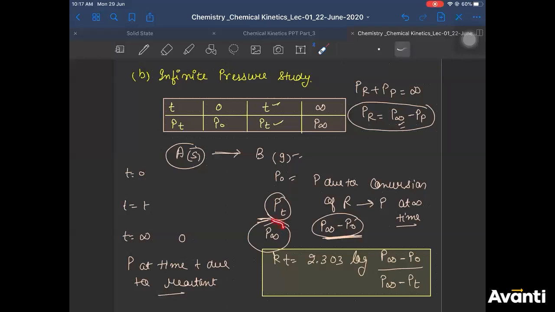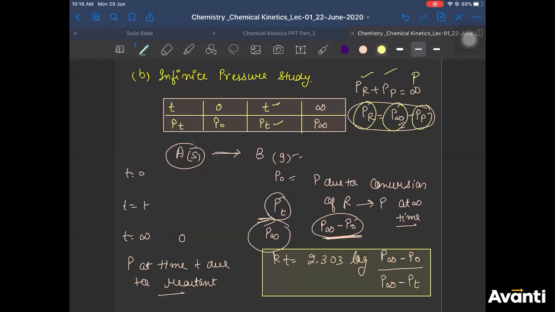P infinity is the pressure. I'll repeat in short, I cannot explain the whole slide. P infinity, as I said here, is the pressure due to reactant plus product at infinite time. Since here you take only the reactant part, if you want to find the pressure of reactant, it will be P infinity minus the pressure of product.